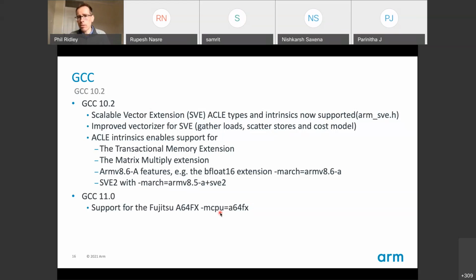I should also say, while we're talking about GCC, we also contribute heavily to the LLVM community. Currently, if you were to use the ARM compiler, it's based on LLVM 9, and the next release of the compiler will be based on LLVM 11.